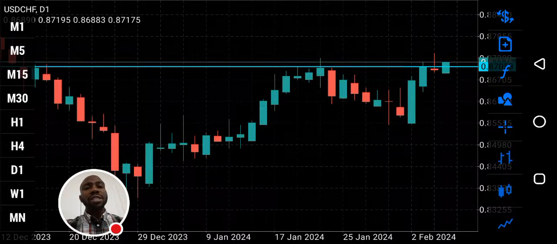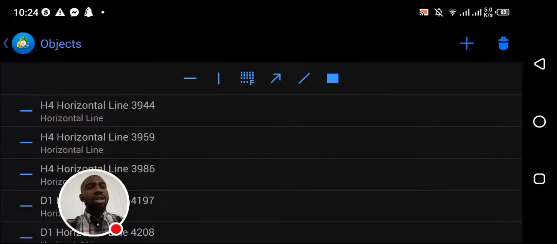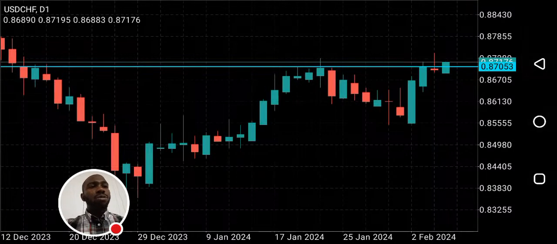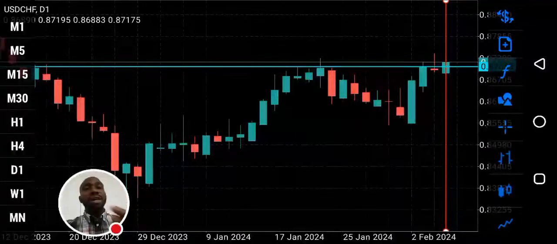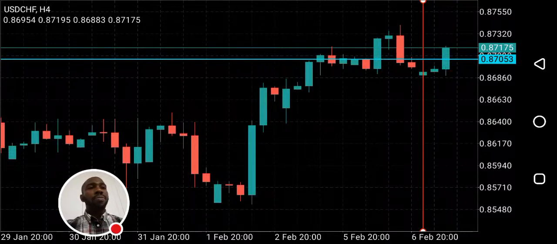After the close of yesterday's candle, that doji, if we go down to the 4 hour, 1 hour, or 15-minute time frame, it is likely a fair value gap was created on that time frame. So you can see on 4 hour we have a fair value gap.